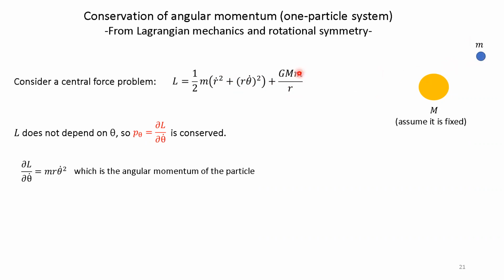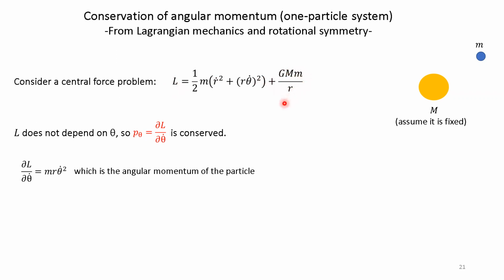So if you take this Lagrangian and take the partial L partial theta, of course you get zero.